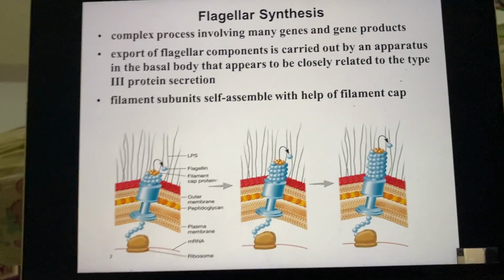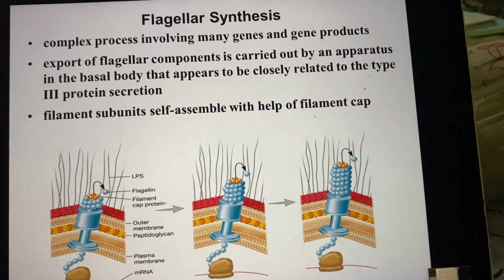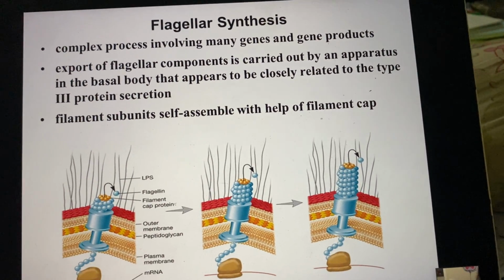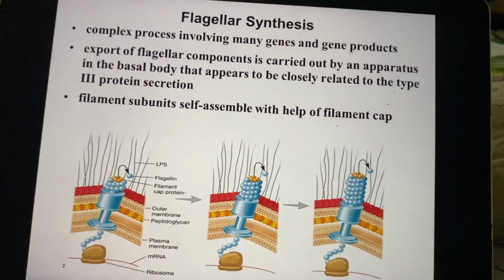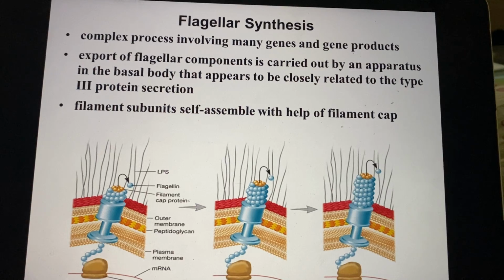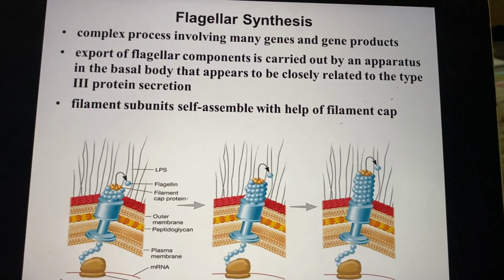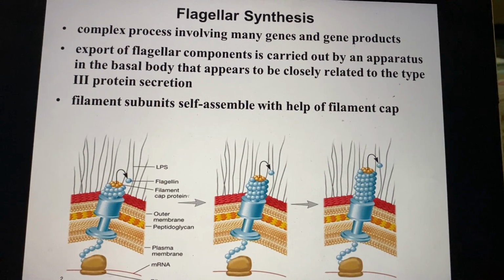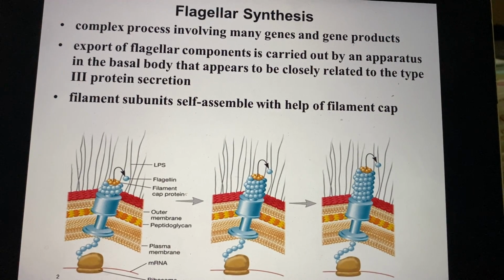And this protein, once it is synthesized, has to be taken out of the cell to be assembled on the outside through the cytoplasmic membrane, through the peptidoglycan, and through the outer membrane.